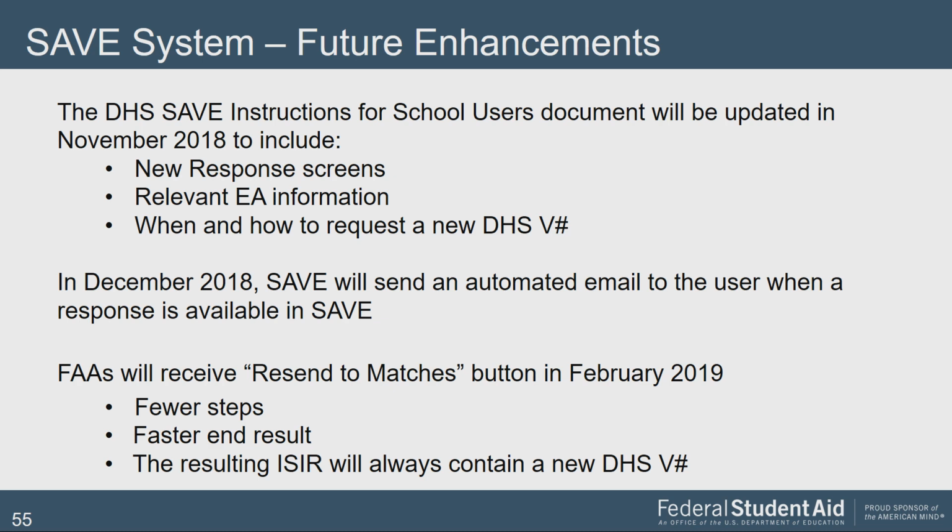And the third future enhancement is that in February 2019, we're going to give you the Resend to Matches button, so you can bypass making the correction and looking for the ICER, and then if you don't get confirmation or a new DHS verification number, you have to send it to us.